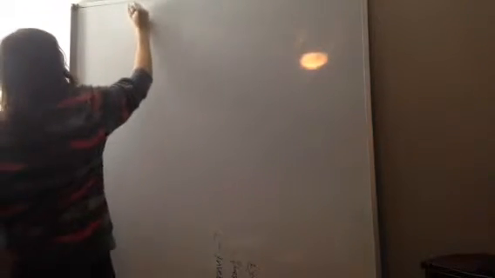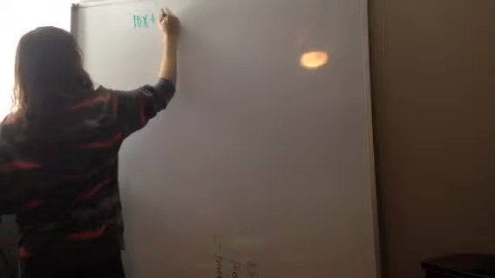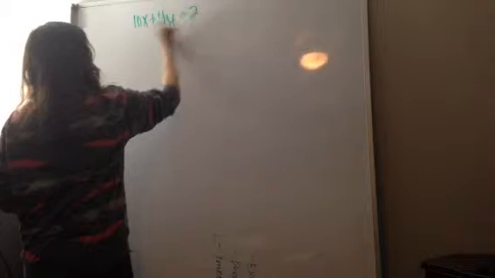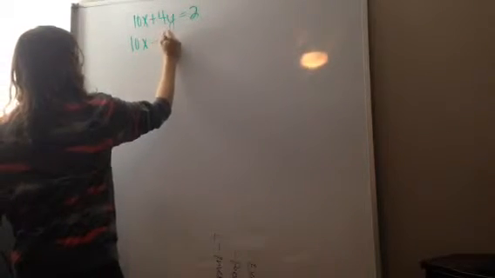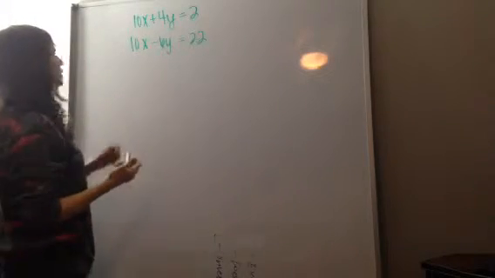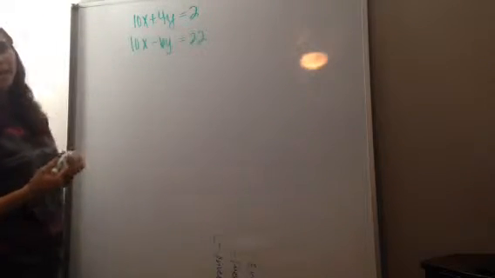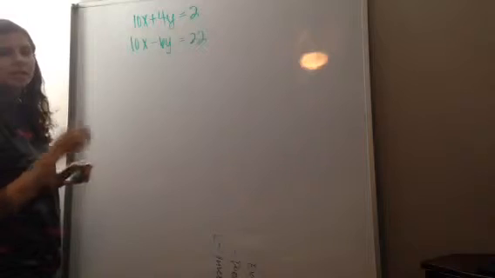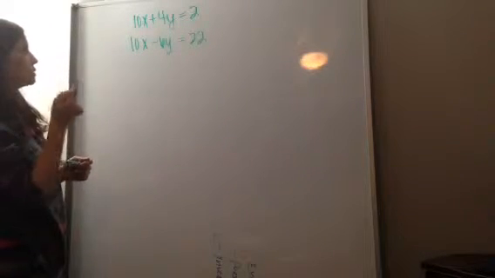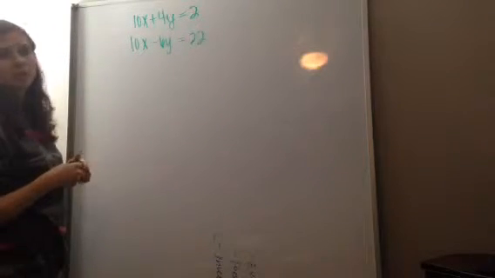Okay, so we have 10x plus 4y equals 2, 10x minus 6y equals 22. Okay, so here I have that they both have 10s in front of the x's, but one is positive and the other one is positive.